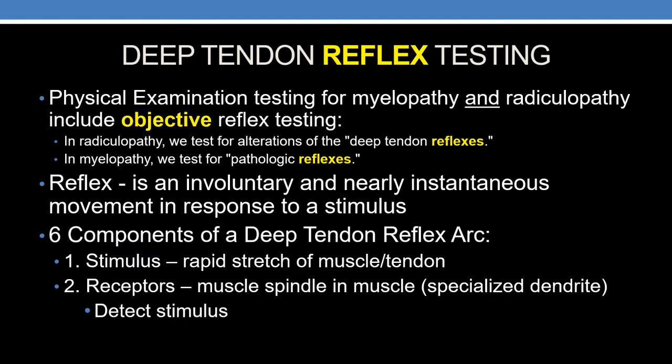So let's think about, for example, the bicep tendon reflex. That qualifies as one of the deep tendon reflexes. So in each of the deep tendon reflexes, whether we're in the upper extremity or the lower extremity or even up into the head, with some of the reflexes involved with the cranial nerves, there's 6 components of a deep tendon reflex arc, and I want to go through each of these components one by one.